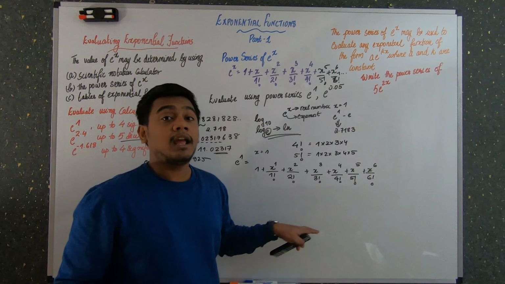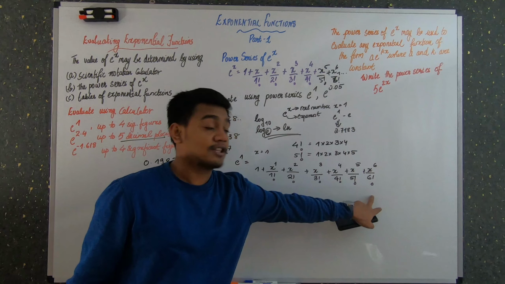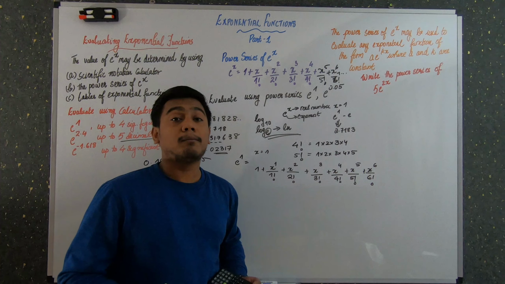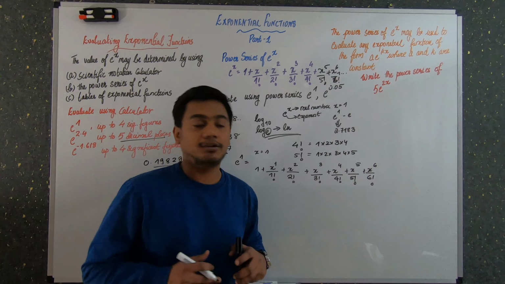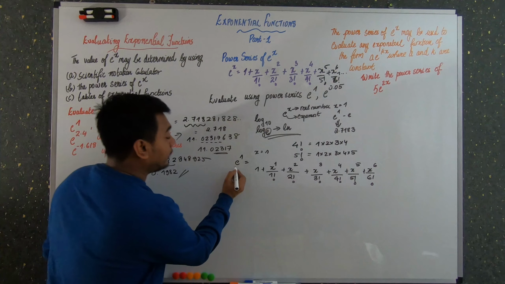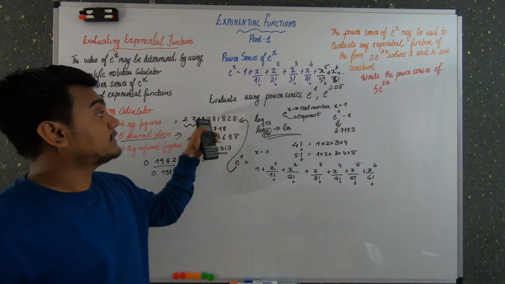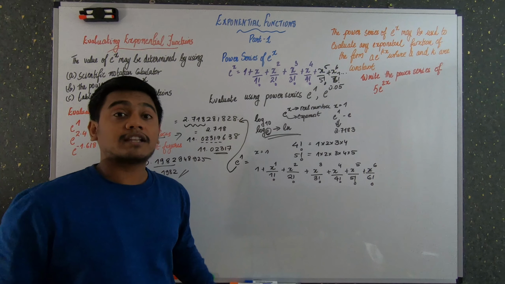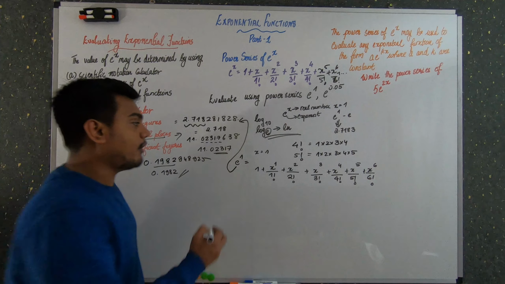For the time being, I am only using up to 6 or 7 terms here. But if you take more terms, your value would be more accurate, or closer to the actual value. Okay, so by using a calculator, the value is already known. What is it? 2.718281828, right?